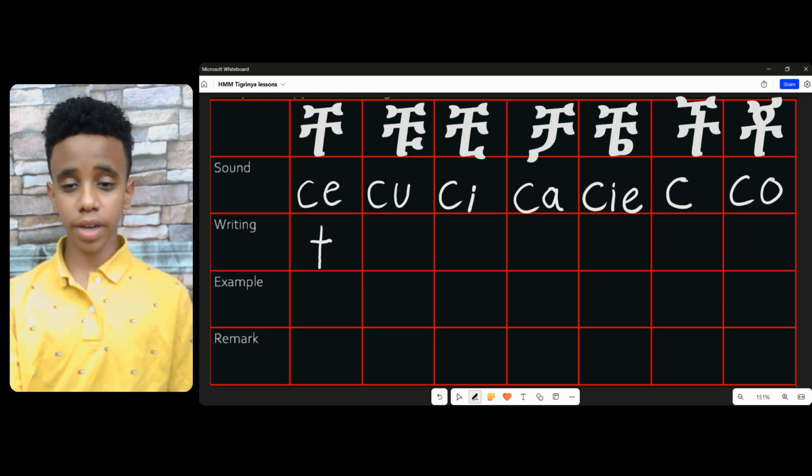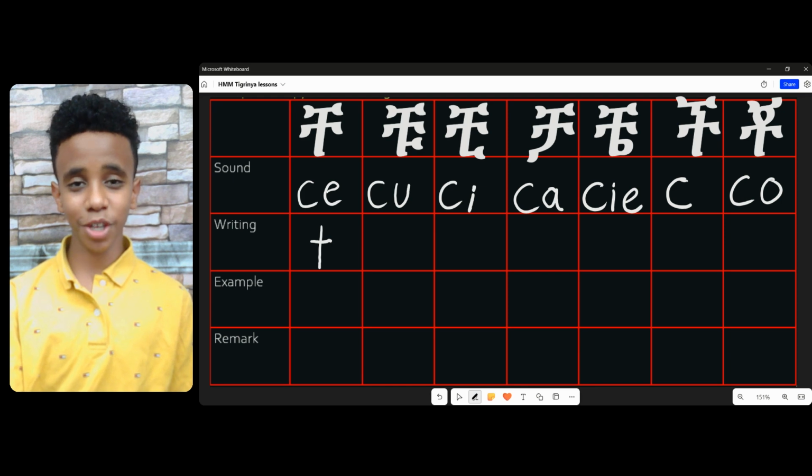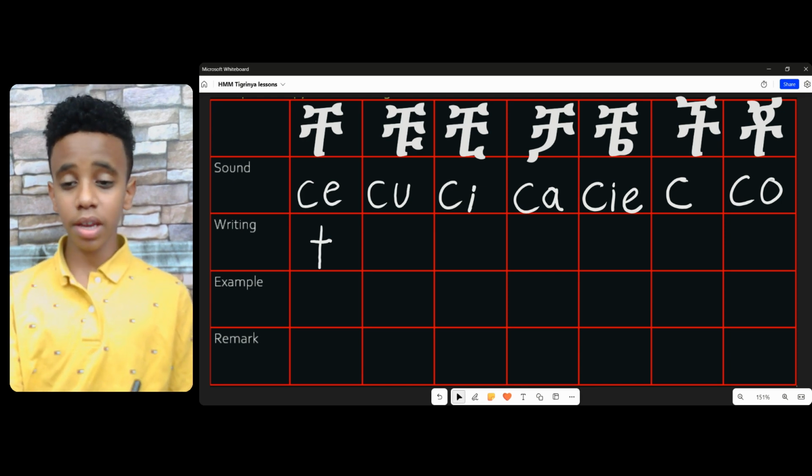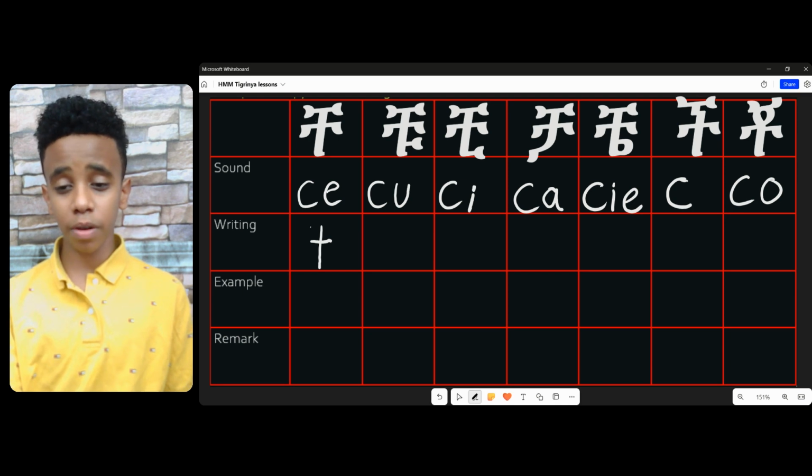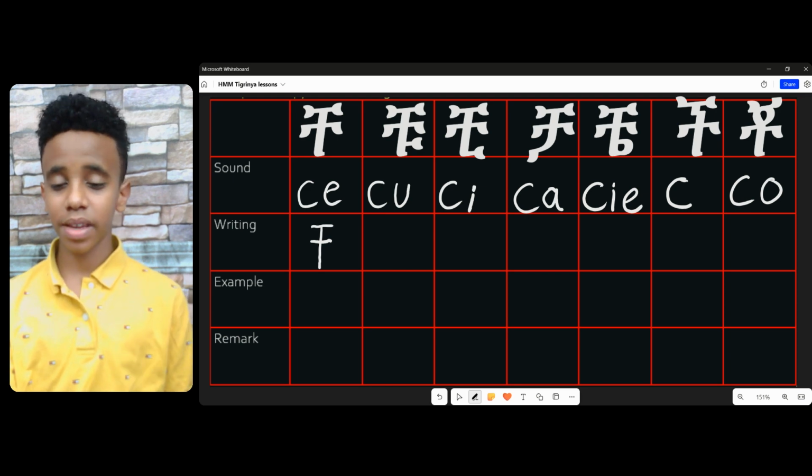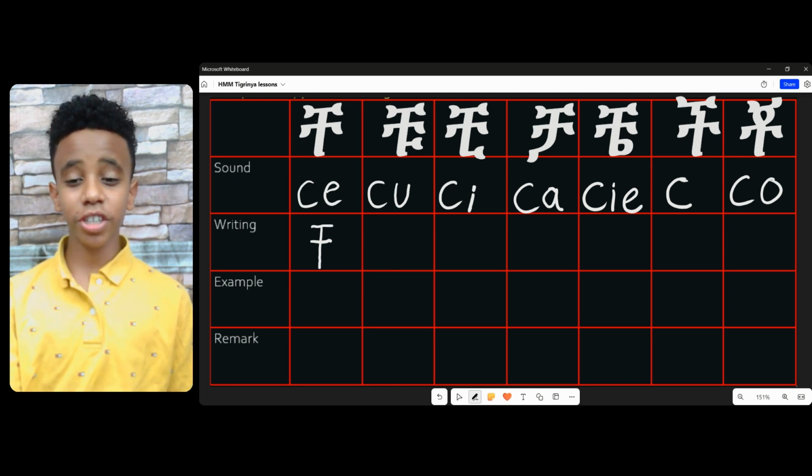If you remember our last Tigrinya lesson video, I did the letter te. So technically, you just make the letter te, and then you add a hat on top of that te. So something like this. This is how you write the letter che.